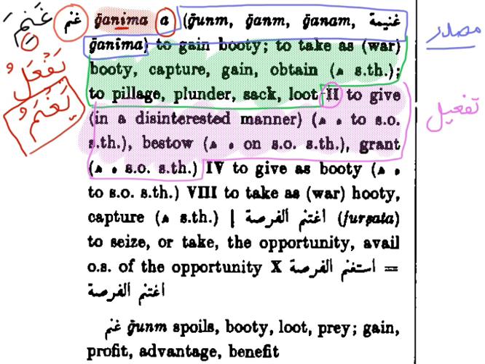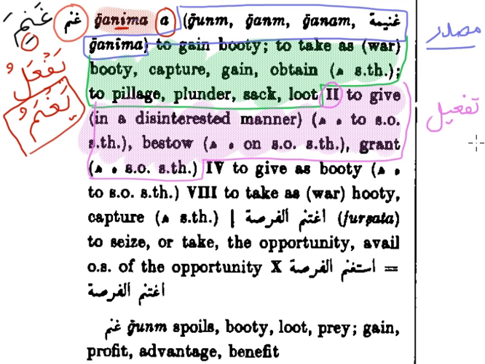Now this is the way that the author of the book or the dictionary has compiled his work, and this is his special terminology that he uses. Now what are these terminologies? So this is taf'il, and I'll explain the rest after we've completed this. So this is taf'il, and it has the meaning of to give.